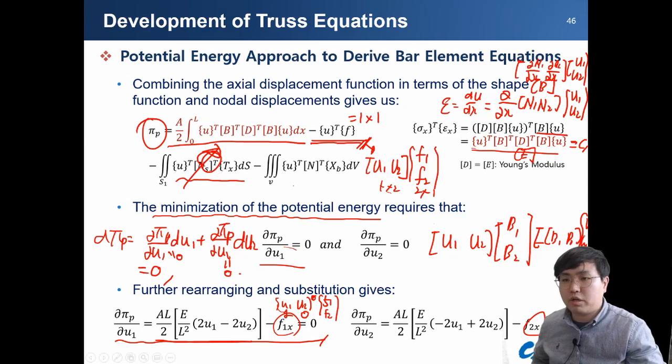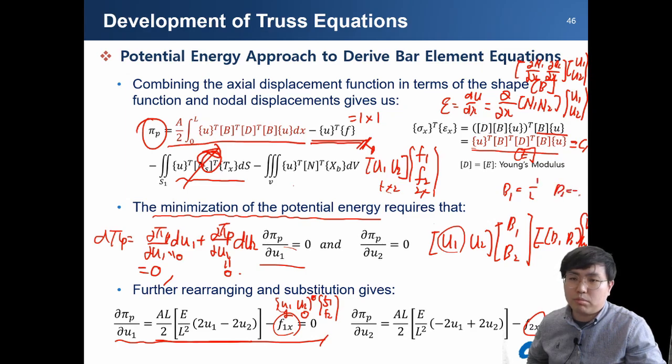So here we have 2u1 and u1. This is a second-order equation with respect to the u1 displacement element, so we can obtain this kind of relationship. Actually, B1 is equal to 1 over L, and B2 is equal to minus 1 over L. After putting these values in here, you can obtain this kind of equation.